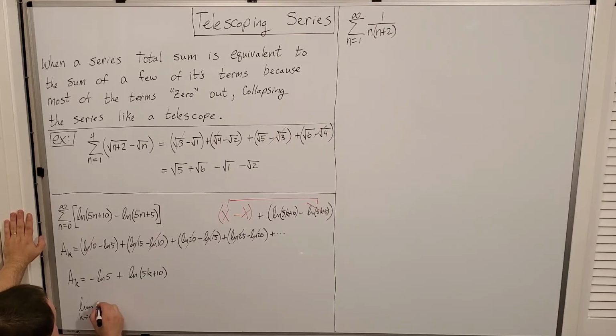That would be negative ln 5 plus ln 5k plus 10. So then this limit, I hope you're noticing, is going to be negative ln 5 plus ln of infinity, which is also infinity, which is therefore going to make this thing unbounded infinite.